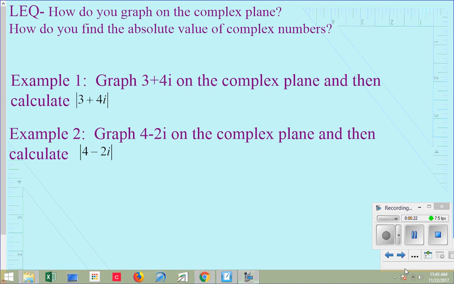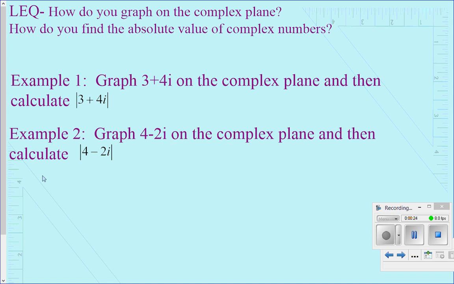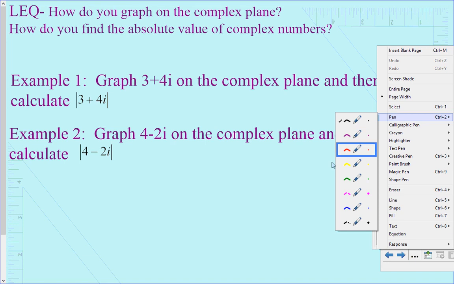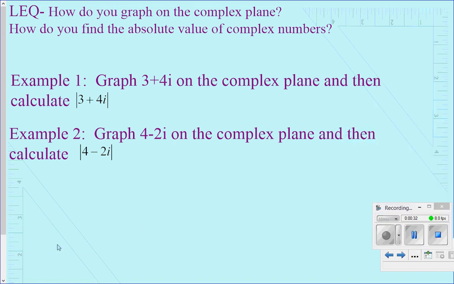So we'll start with, in your notes, go ahead and make yourself a coordinate plane that looks just like a normal coordinate plane. But with a complex plane, remember we're representing complex numbers, so we have a plus bi.